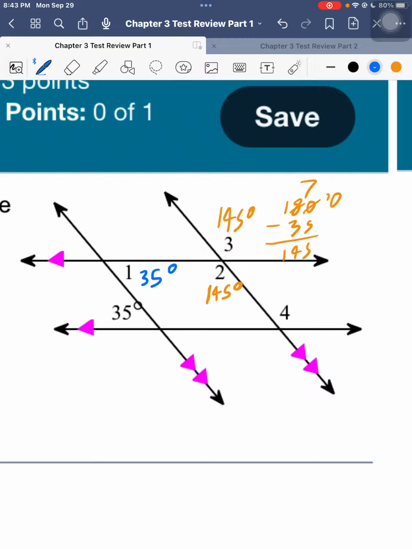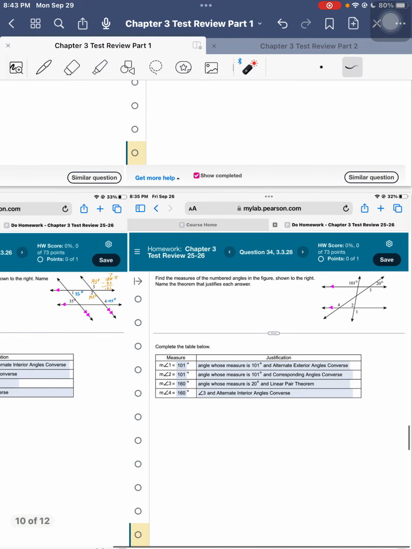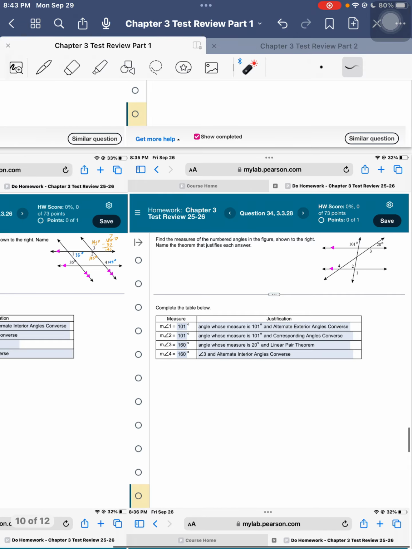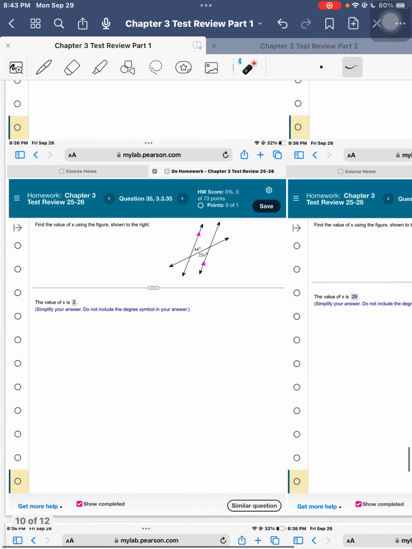And if angle 2 is 145, so is angle 3 because of vertical angles. And now measure of angle 4 would also be 145. Why? Because of the measure of angle 2 and alternate interior angles converse. So 2 and 4 are going to be congruent.